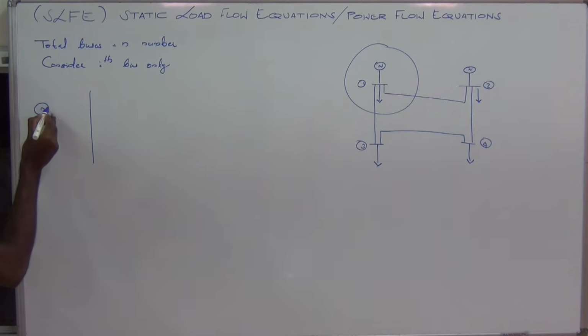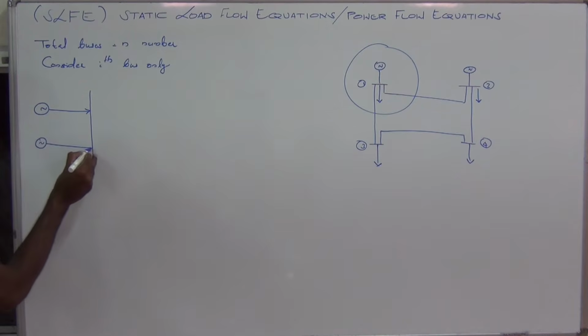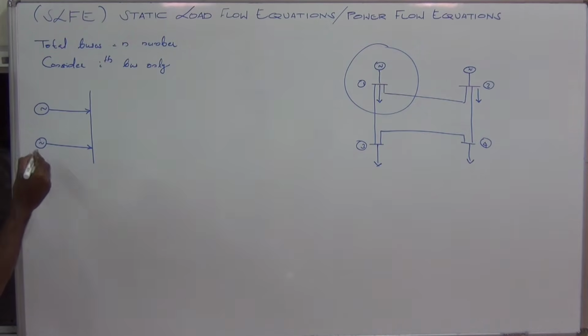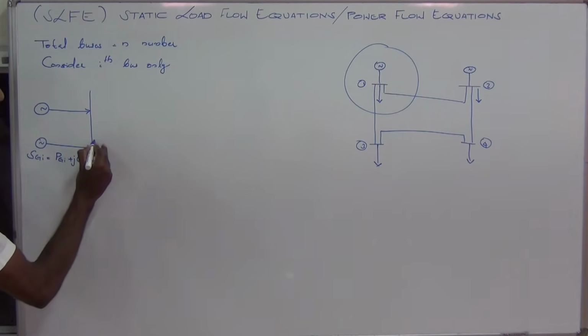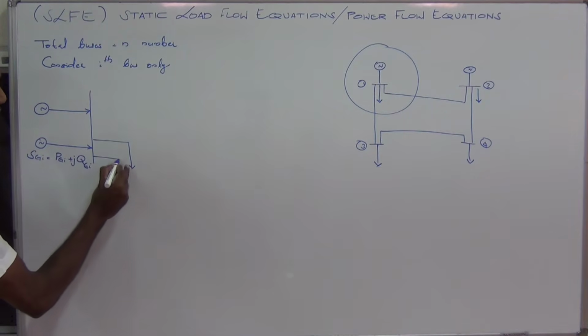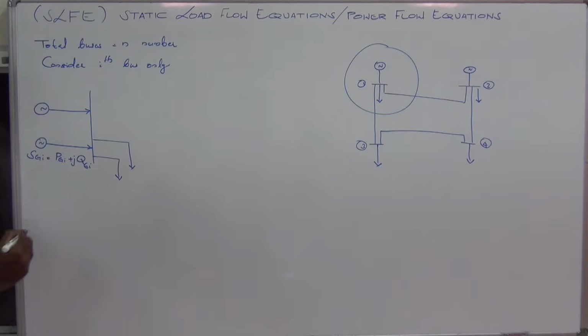There are certain generators connected at the ith bus. So total generation is SGi. This is the complex power generated at the ith bus: active power PGi plus j into the reactive power generation QGi. And certain loads are connected at that bus. These are the loads connected at the ith bus.